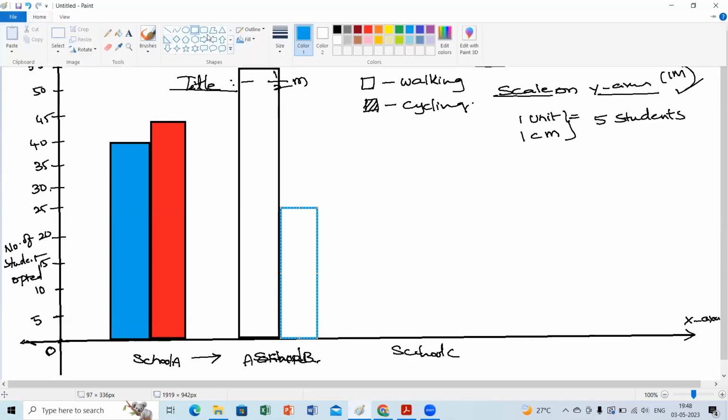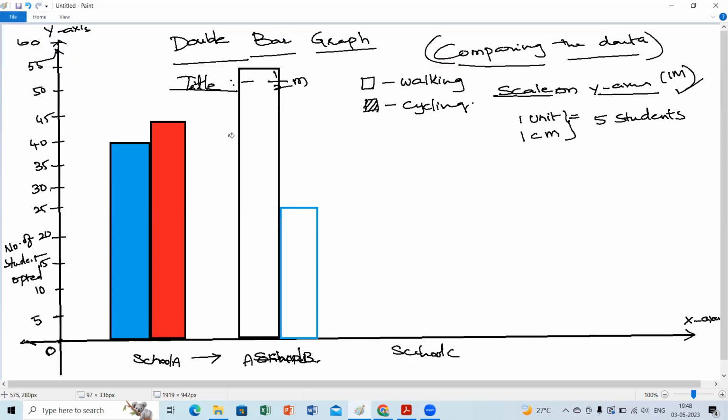Ma'am, how can I do it in Excel? Yes, we can do it. Last year Ashwath was asking if there could be any triple bar graph. So I said yes, there is a triple bar graph and we can do that in Excel.